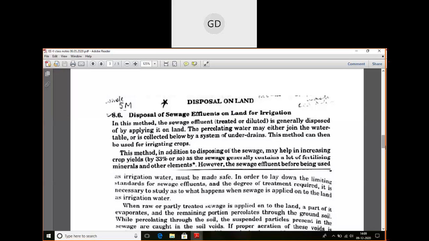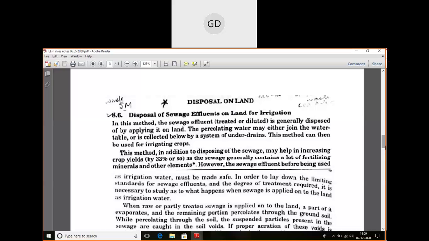So what is disposal on land? By the name itself you can assume that it is the disposal of sewage on the land surface. When the sewage effluent is disposed of on the land.